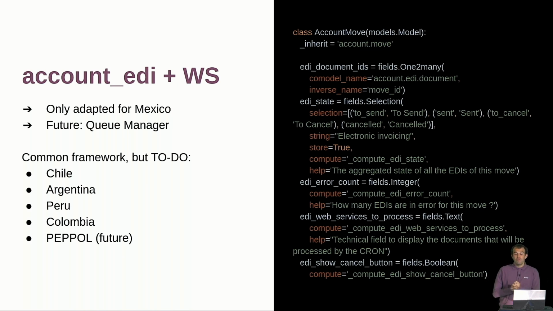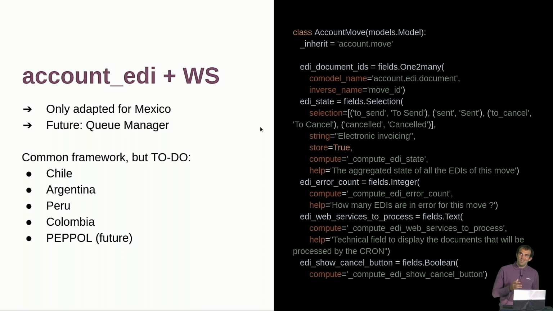In the future, we are going to use a queue manager for that, because now when we send invoices, either they are done immediately when you post, or they are done through a cron. So every night, for example, it checks all the invoices that are in the to-send state and they are sent.